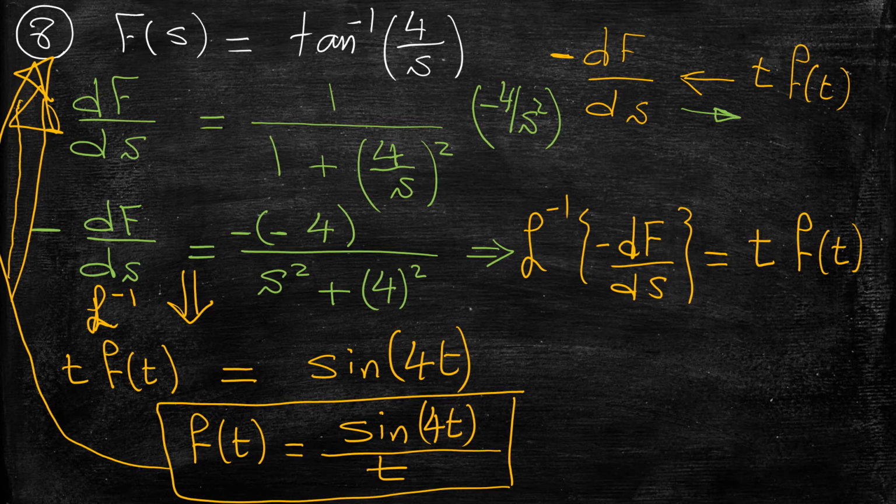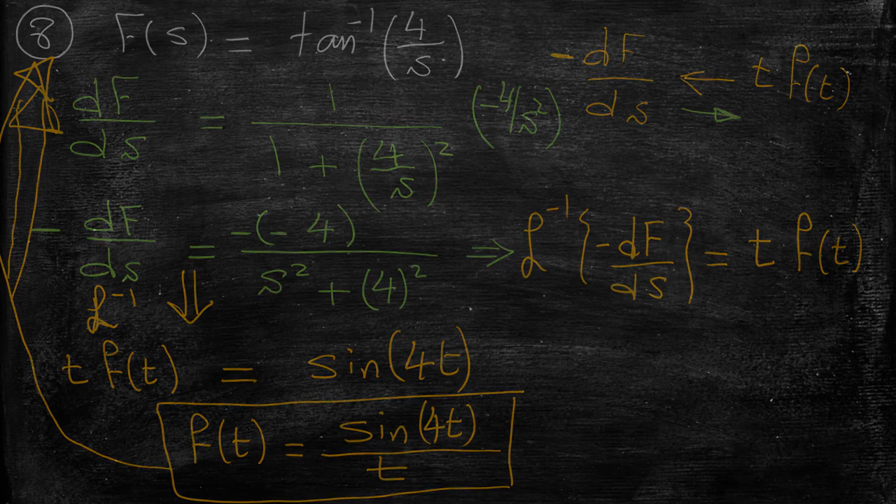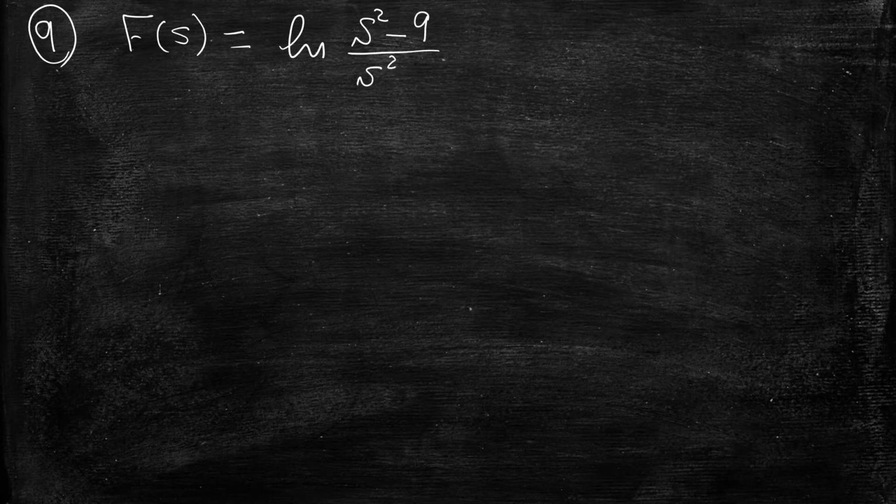So by doing this, let's see another example. You can also apply the same method. If we have F of s equal to ln of s squared minus 9 over s squared plus 1. Again, the easiest thing is the derivative, but just to remember something regarding the ln.